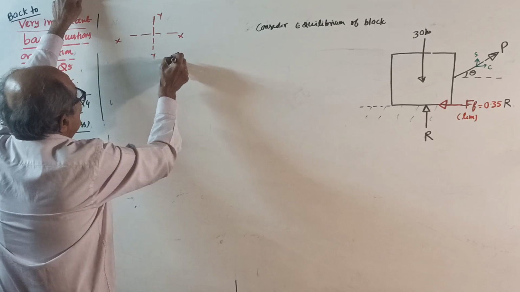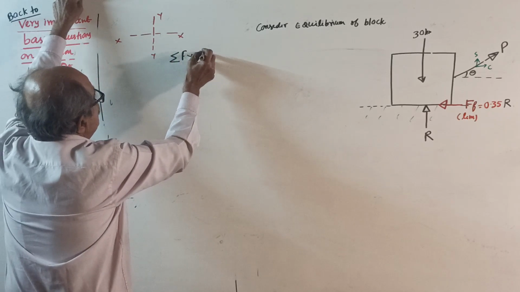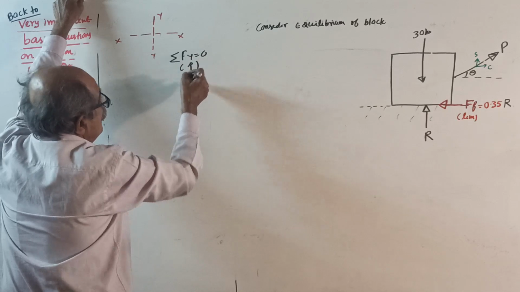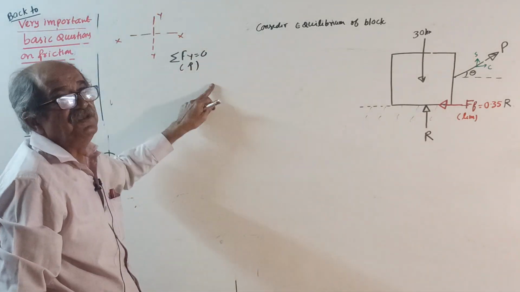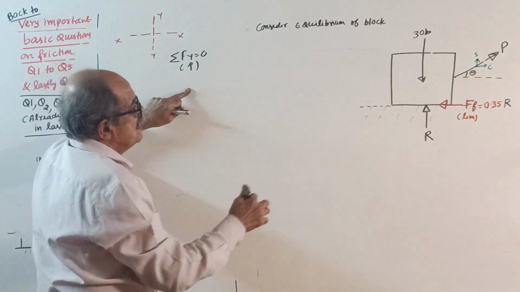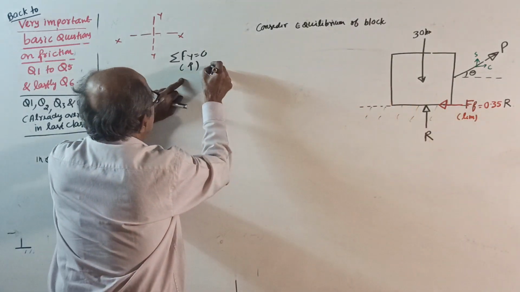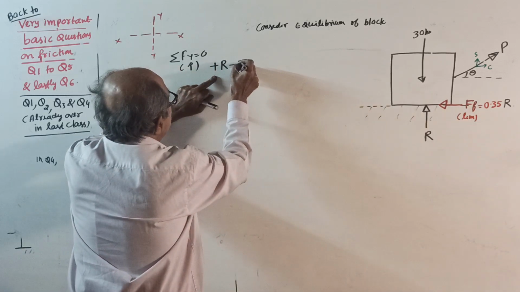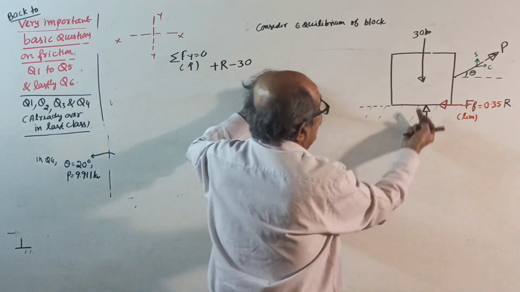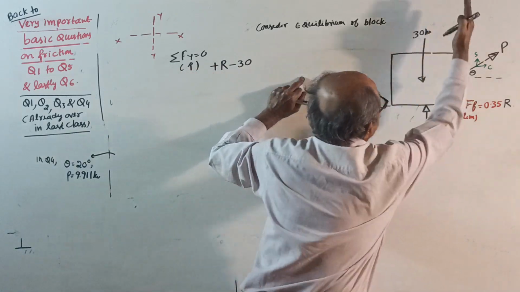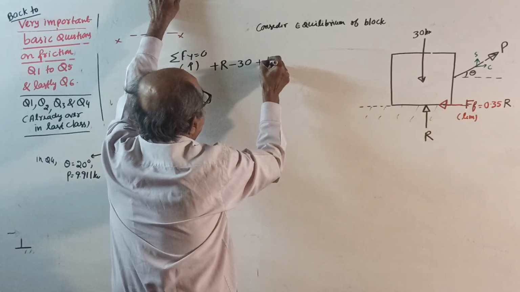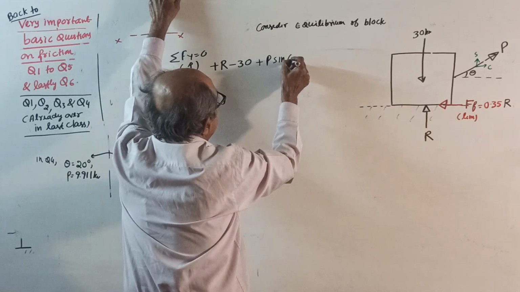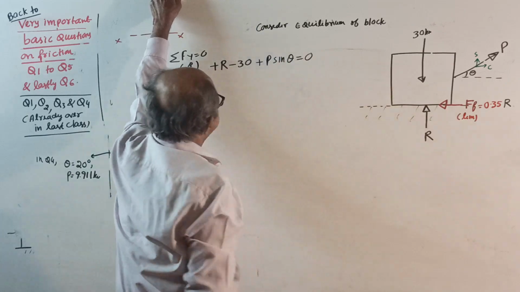Sigma Fy equals 0 sometimes gives an easy answer. Okay, start. Plus R minus 30 plus P sin theta equal to 0.